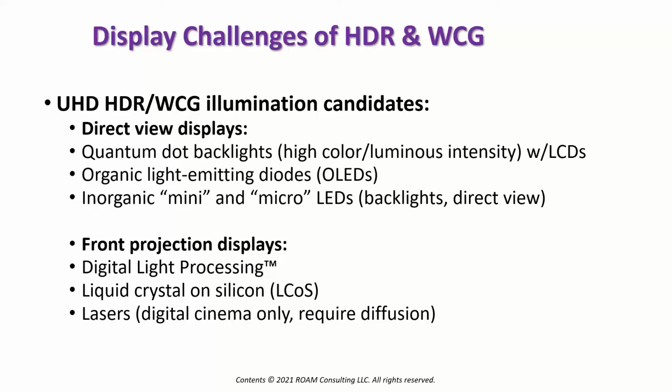These are not the same lasers that you would associate with a laser light show or anything. These are just basically laser light sources. So we have very intense red, green, and blue, but we require diffusion. We can't use specular light because you'd see all kinds of weird artifacts on the screen. So we're just taking all that horsepower from a laser, diffusing it, and then combining red, green, and blue to get full white, typically with a light modulator like digital light processing or liquid crystal on silicon. So any of these will do high dynamic range, and they'll do a good job with it.